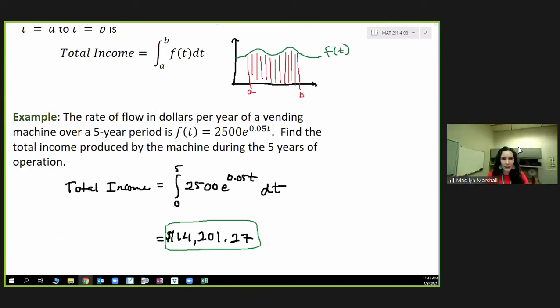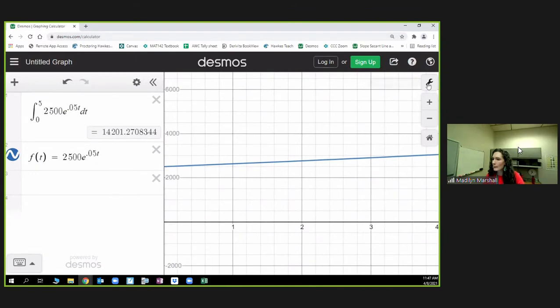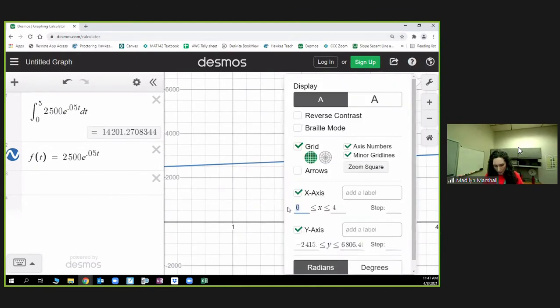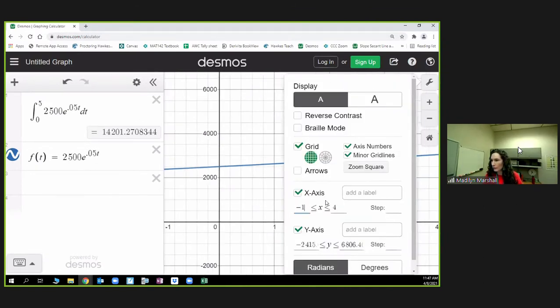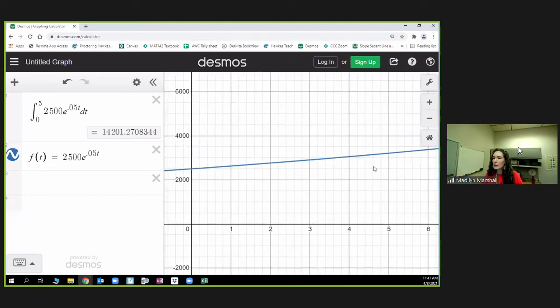I am struggling to get a reasonable graph on here. Just a second.